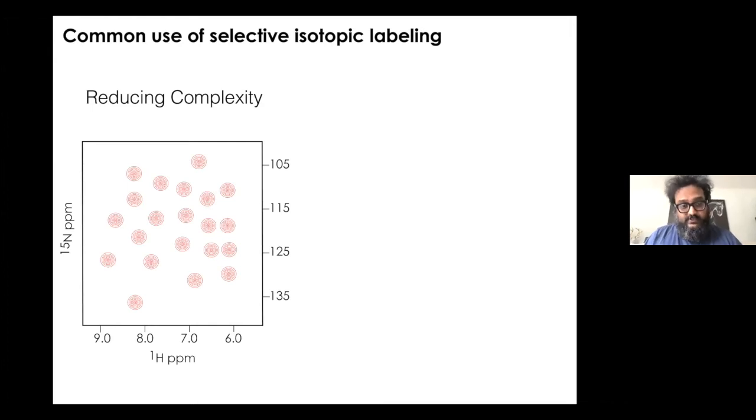So as Kevin alluded earlier on today, the use of isotopes is pivotal in NMR investigations. Other than making our nuclei visible, the two common uses of isotopes are, one, to reduce the complexity. Here's an HSQC spectra, and if I could wave the magic wand and color the amino acids, I can use amino acid specific labeling to reduce the complexity of the spectra.